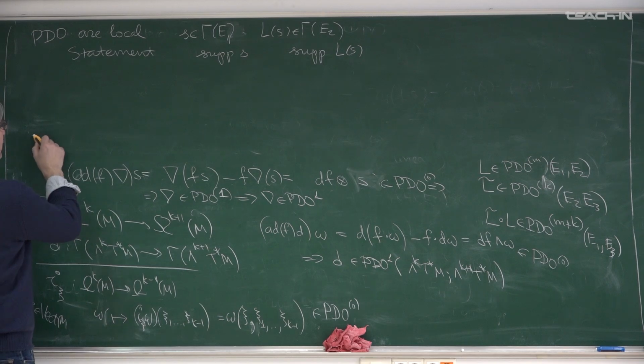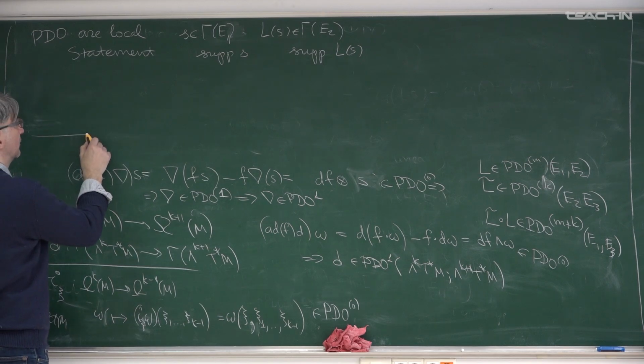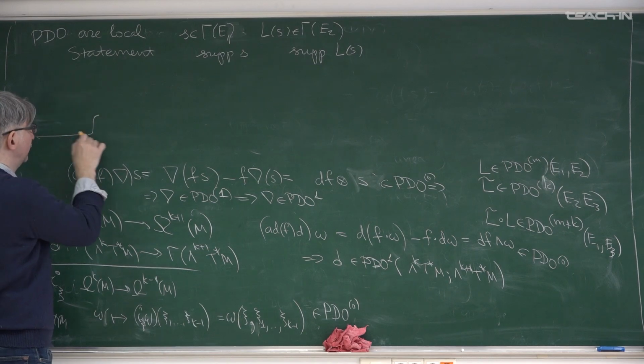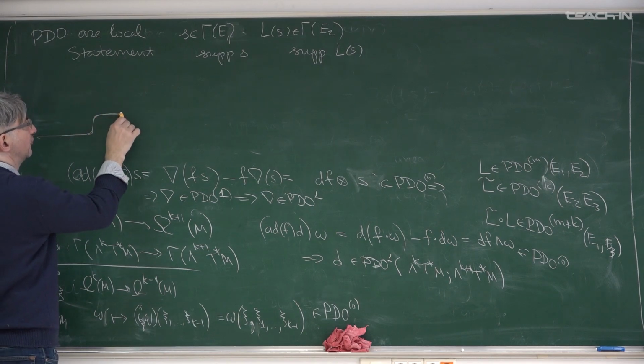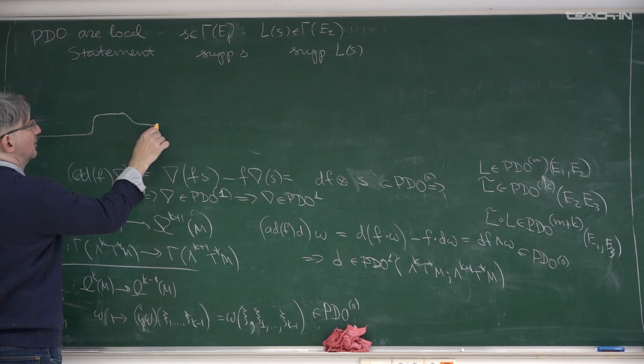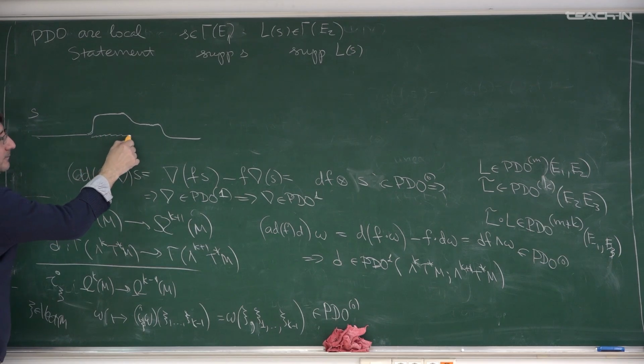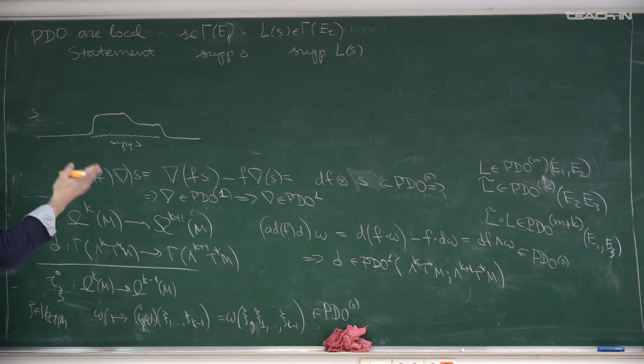The idea is as follows. You have places where the section is 0, places where it changes, then it's constant, then it changes again, and then it goes to 0. So this is a section S. Where is the support of this section? Here, the place where it's not 0.